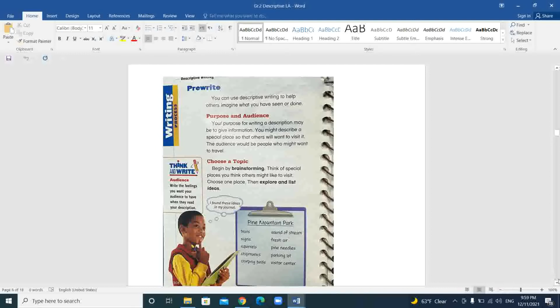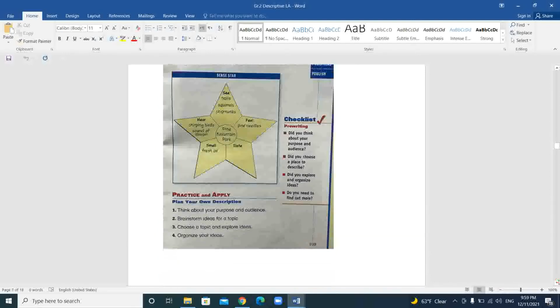Okay? And then you take your sensory star and you write about it. For example, if I'm going to write about apple, I like apples. So I say, I like the shiny red peel. It makes a crunchy sound when I bite into it. It tastes sweet and moist. Okay, I like hearing the crunching sound with every bite.